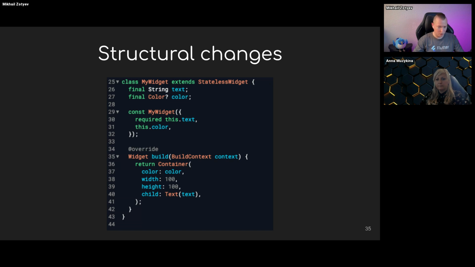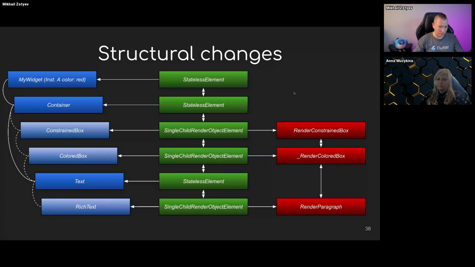For example, we add to the previous widget an additional parameter, which is color, and it can be nullable. And we pass this color to Container. Initially we have, for example, this subtree: instance A with the color red. And after the update, we say that it should be instance B with the color null.